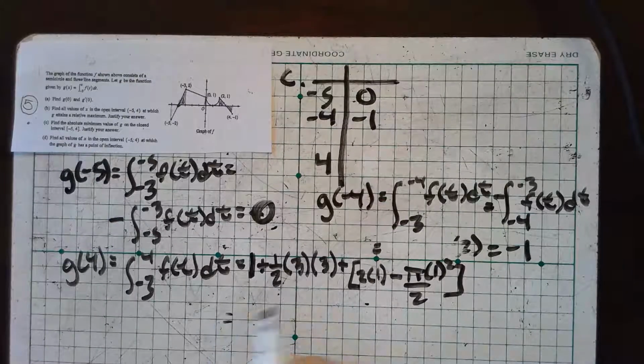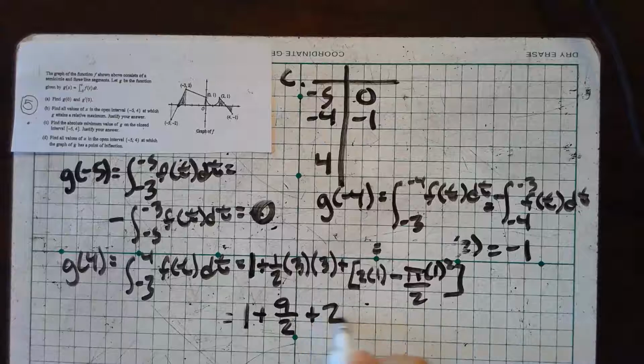So this is going to be 1 plus 9 over 2 plus 2 minus pi over 2. You're honestly welcome to leave it like this.